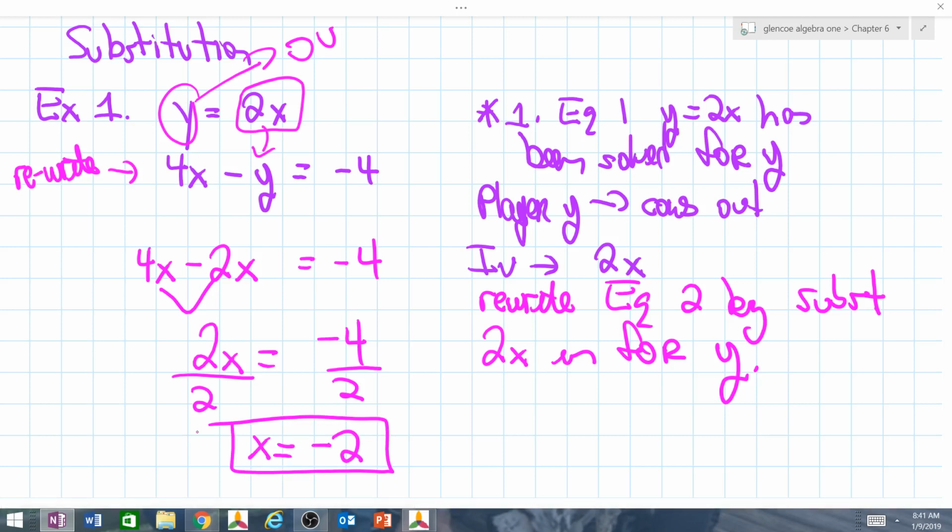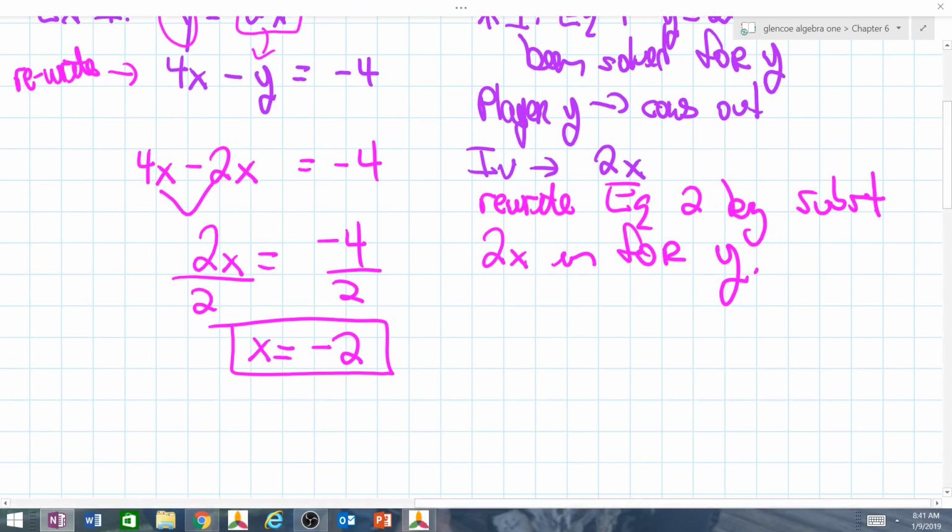When you're solving a system of equations, you are looking for an ordered pair that satisfies both equations. Let's remember that systems of equations can have one solution, no solutions, or infinitely many solutions.